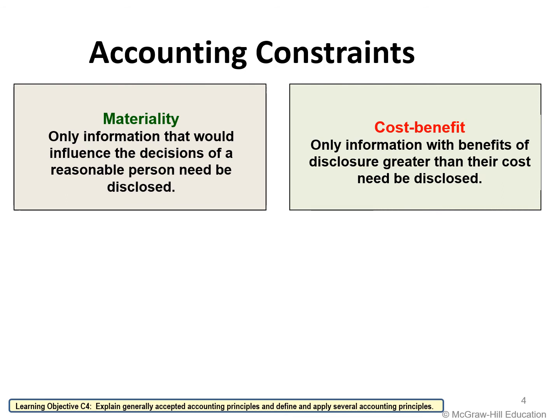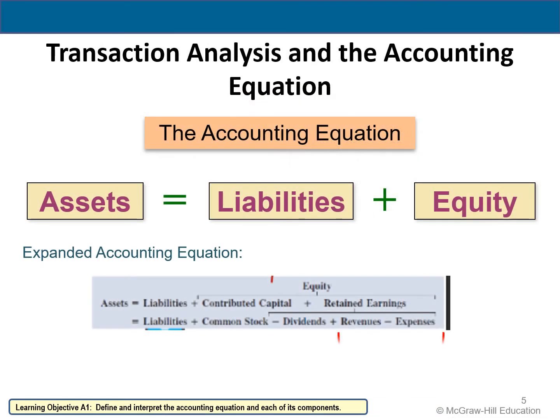There are some transactions where the cost of reporting does not exceed their benefit. So that's the cost benefit constraint. All right. So those are your GAAP principles.